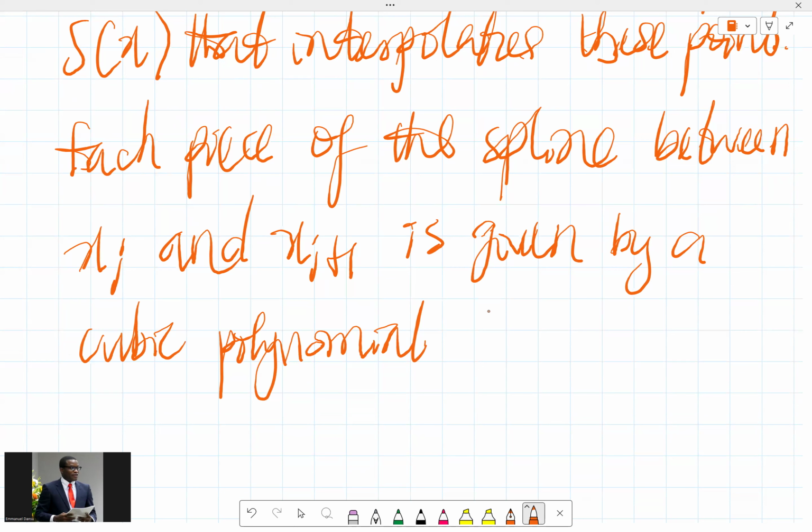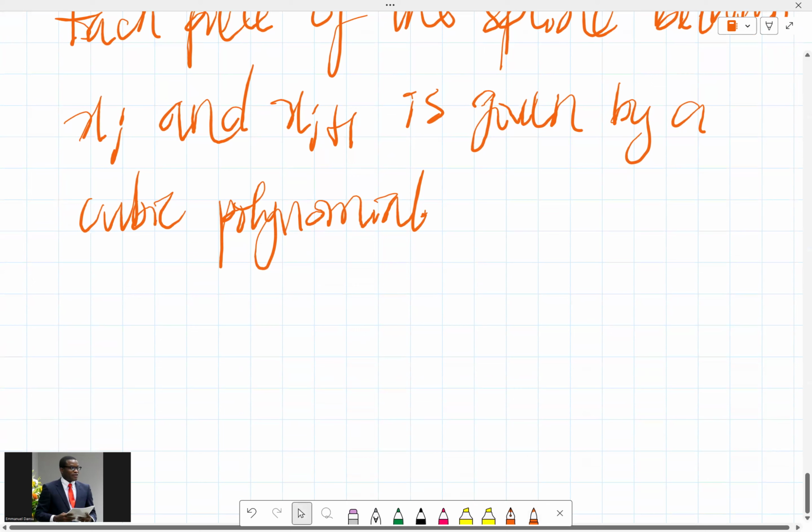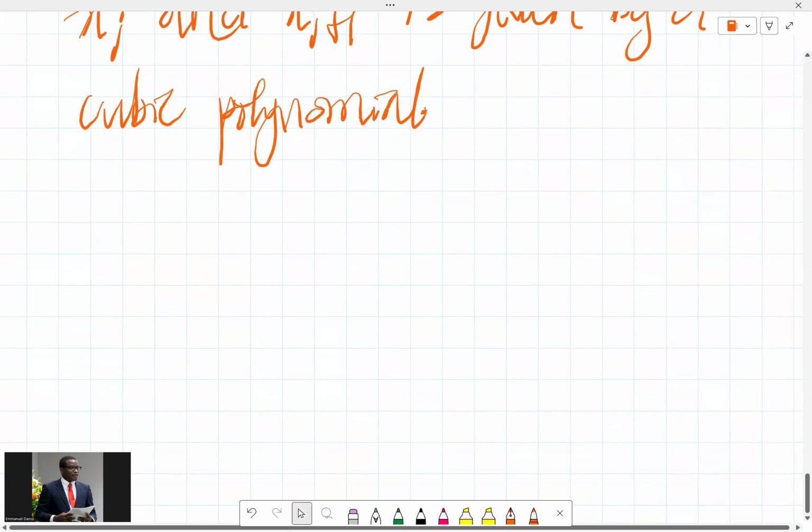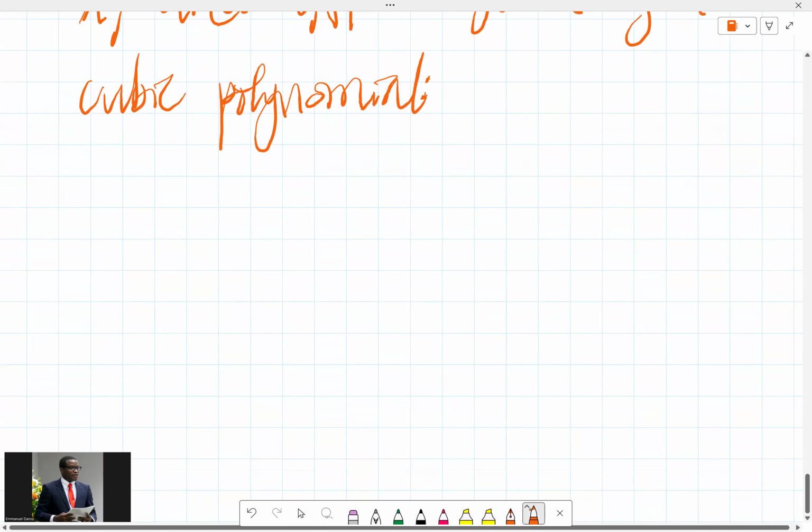So you have a polynomial defined for each interval, for each step like that, instead of the whole set of points at once, which we have the possibility of doing if you're doing a cubic fitting, right? So that's why cubic spline is more accurate than just cubic fitting like that. So s(x) is given by a cubic polynomial, and that cubic polynomial looks something like this.